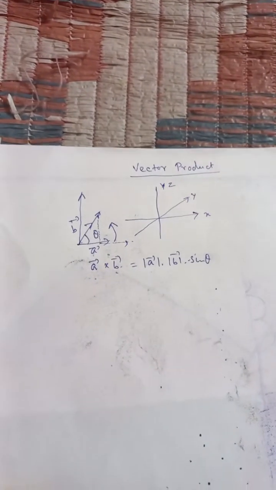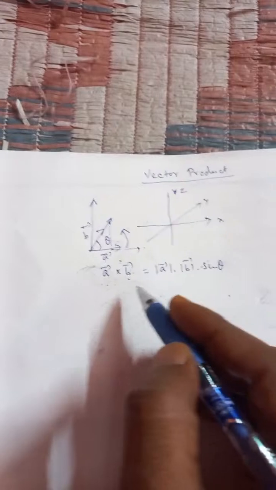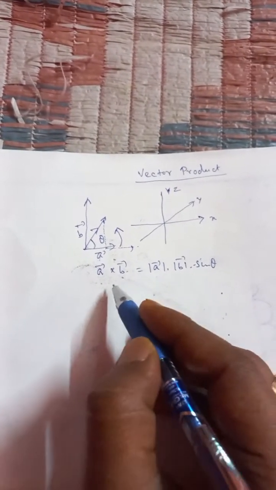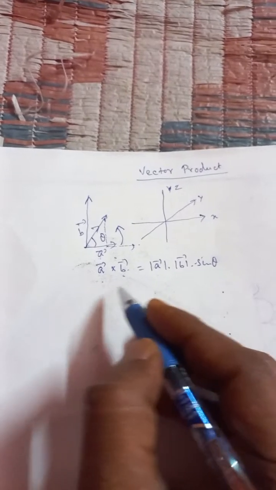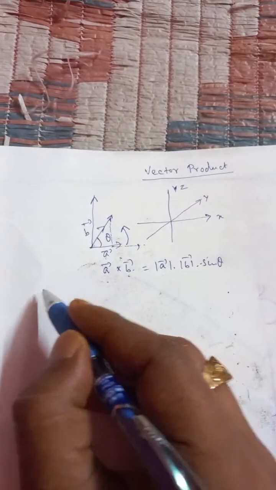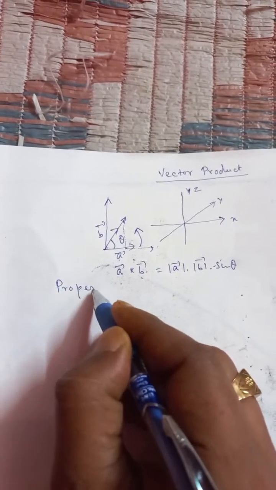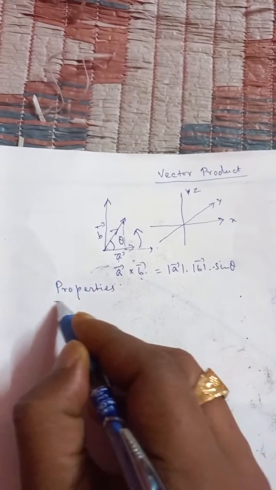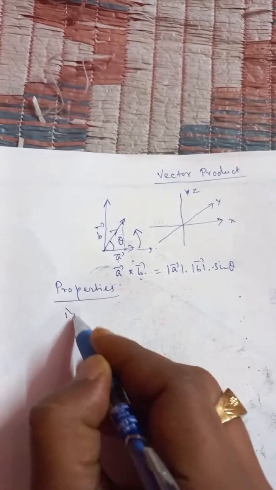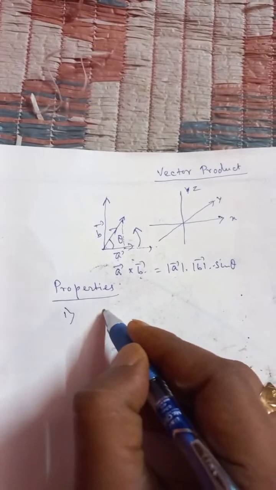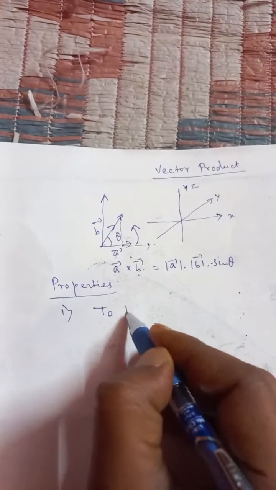Now, how can we prove that two vectors A and B are parallel? The first property: the required condition for two vectors to be parallel.